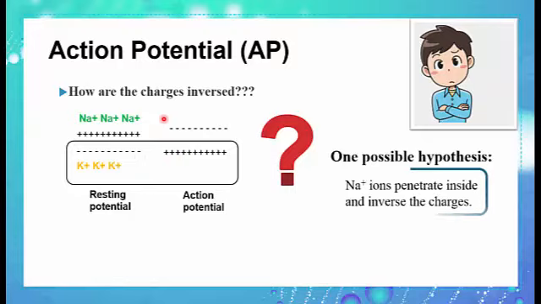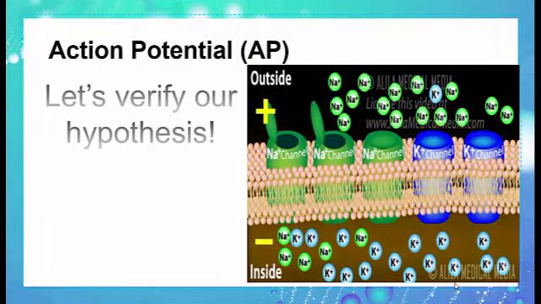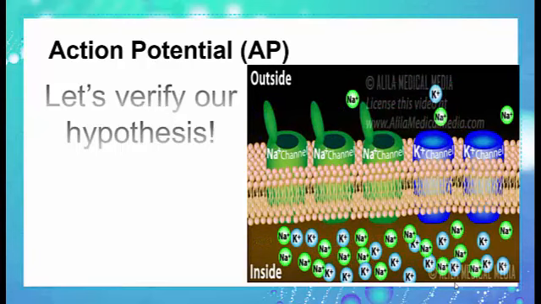So let's verify this hypothesis. Voltage-gated ion channels are passageways for ions in and out of the cell, and as their name suggests, are regulated by membrane voltage. They open at some values of the membrane potential and close at others.